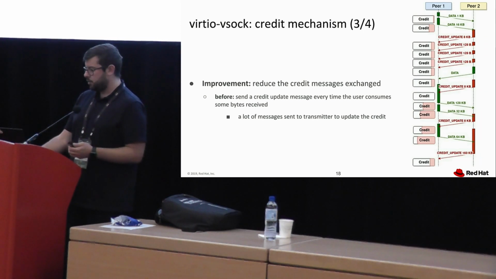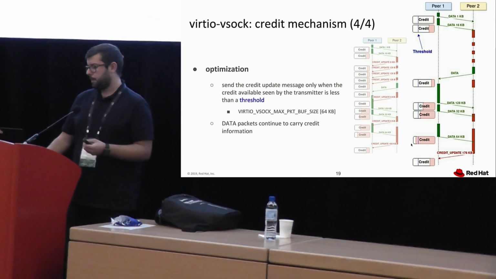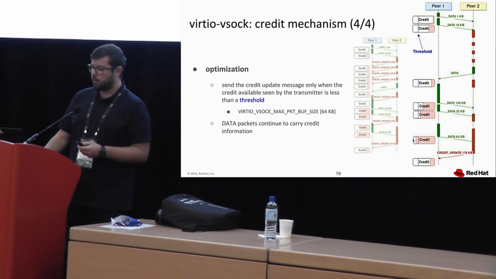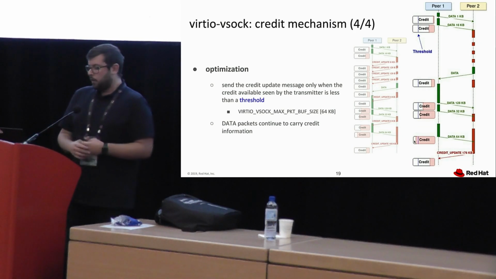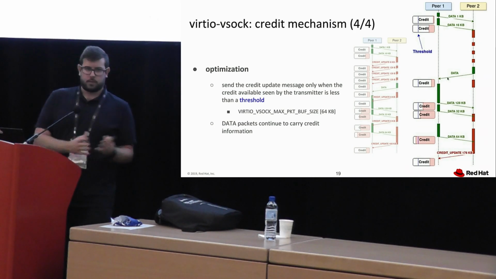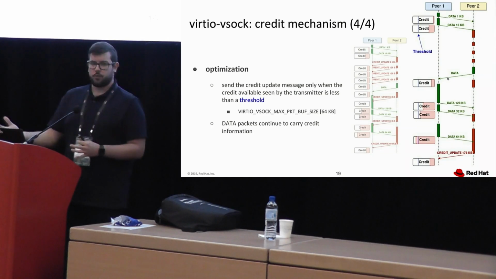To reduce these messages, we put a threshold, this line in the credit box, which means that the receiver sends the credit update messages only when the credit available seen by the transmitter, the white part in the credit box, is less than the threshold. However, we continue to update the other peer when we have to send some data, because in every packet header there are fields for this information.